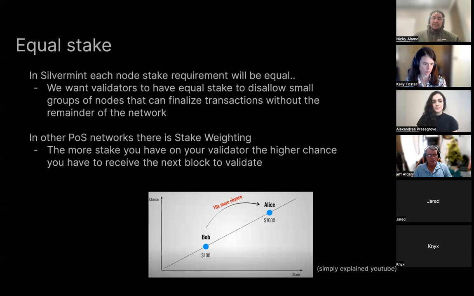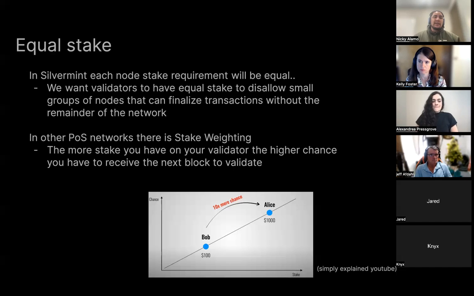Fundamentally, this affects the Nakamoto coefficient that we see touted. For those of you who don't know, the Nakamoto coefficient is a standardization of how many nodes you need to take over to compromise a whole network.